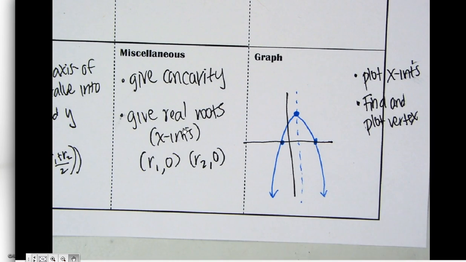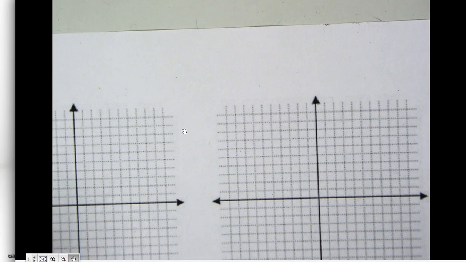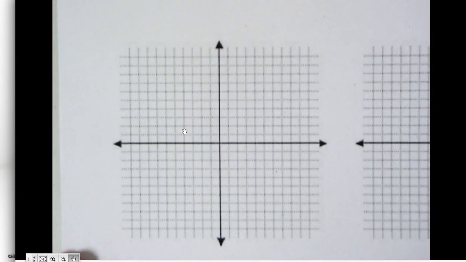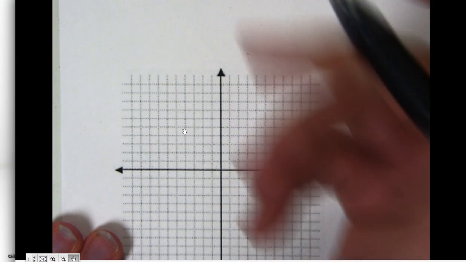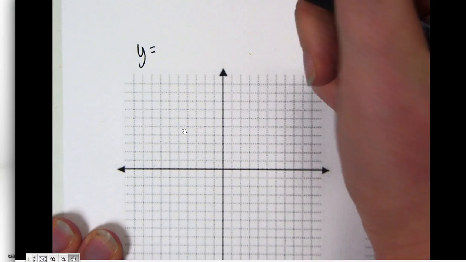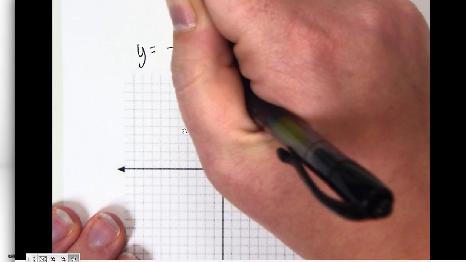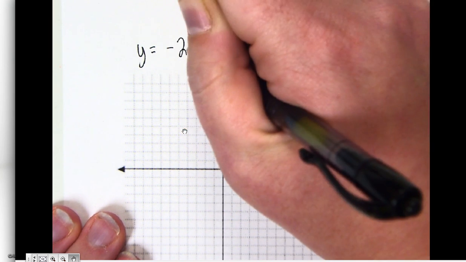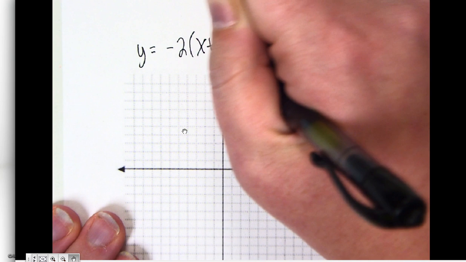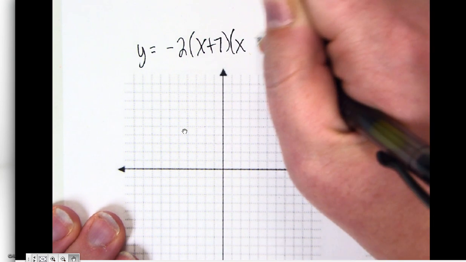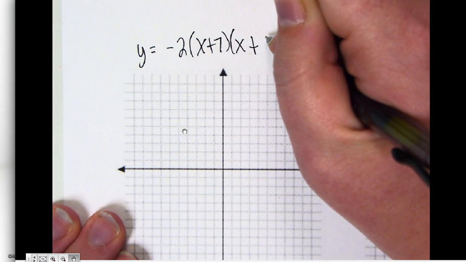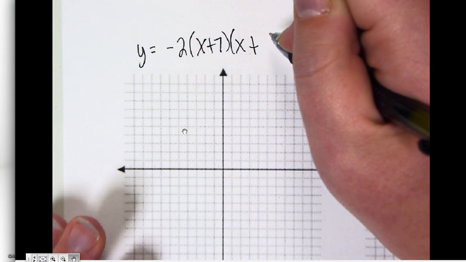Okay, let's take a look at an example of graphing. We're going to be graphing the equation y equals -2 times (x plus 7) times (x plus 3).